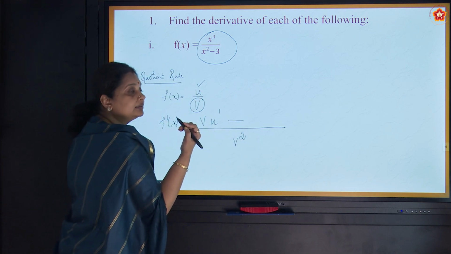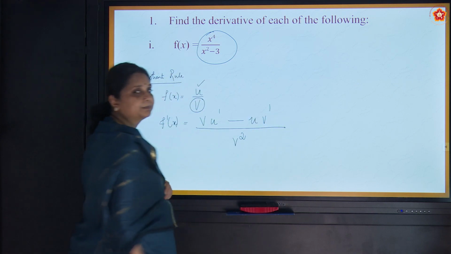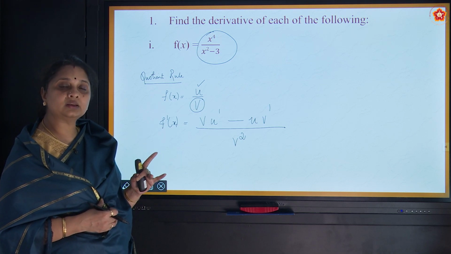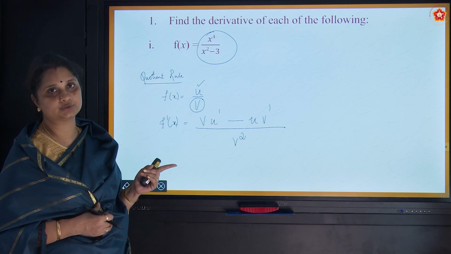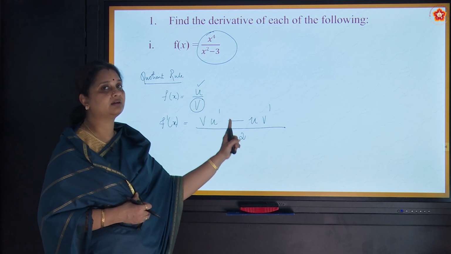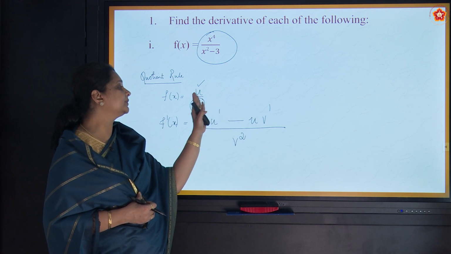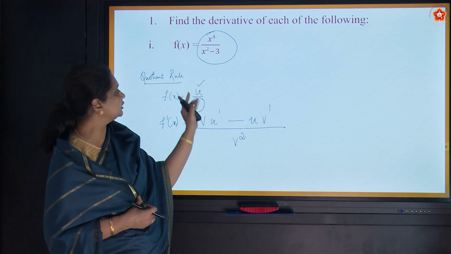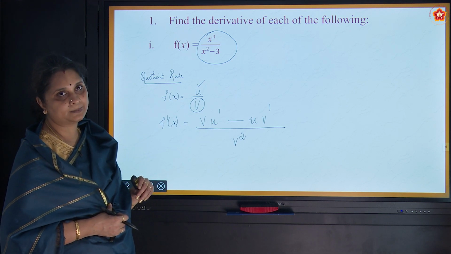Minus, then keep the numerator a constant and differentiate the denominator. Here you need to be careful. Unlike the product rule, where you had the freedom to differentiate one and keep the other in whatever order you wanted, here, since it's a subtraction, a difference, you need to be very, very careful. Keep the denominator a constant first, differentiate the numerator. Minus, keep the numerator a constant, differentiate the denominator, all over the square of the denominator that's given in the function. This is how you differentiate.